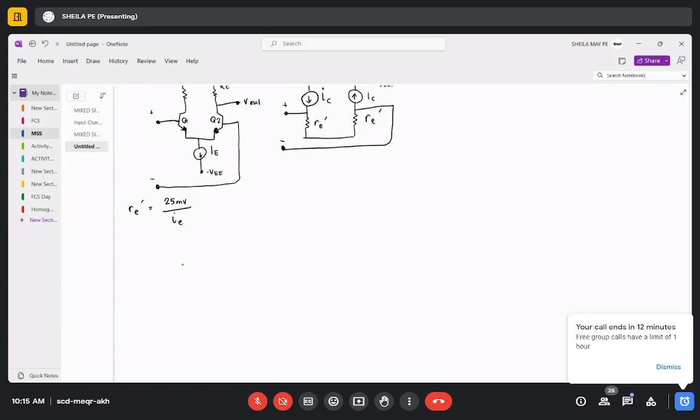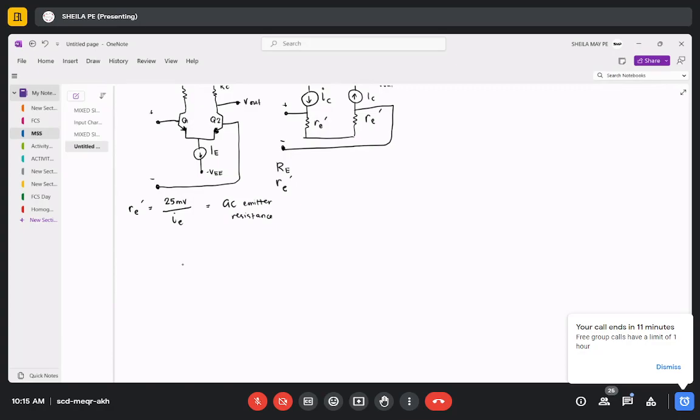That's the standard formula. And our RE is our AC emitter resistance. Okay? Our emitter resistance, class, is just RE if we do DC. Now, if we're involving AC analysis, that's RE prime.